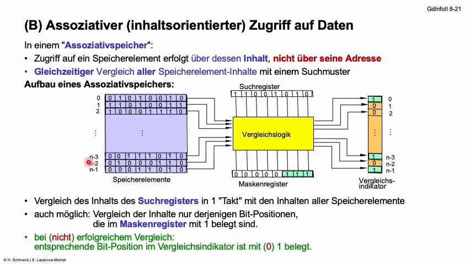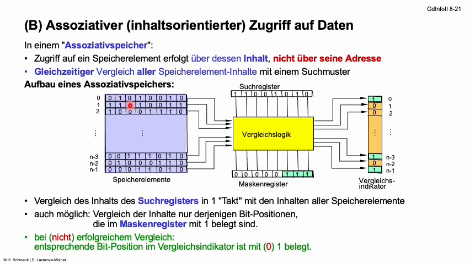And we have an example here. If the associative memory contains these elements here, which are all 8-bit elements, we compare them with the search register, and we output the results of the comparison.